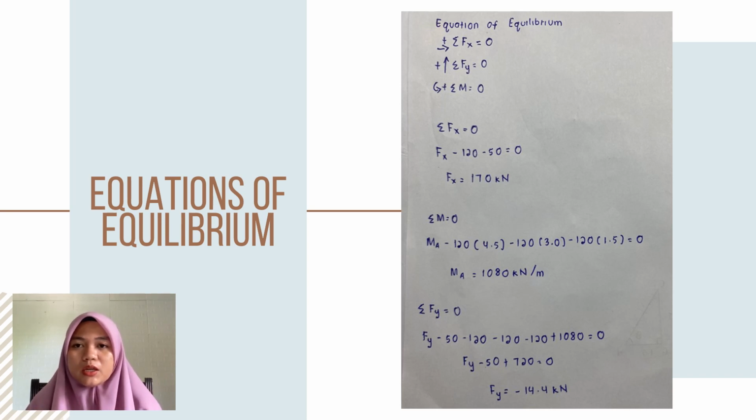Moment A negative 120 multiply 4.5 negative 120 multiply 3.0 negative 120 multiply 1.5. 4.5, 3.0 and 1.5 are the distances.